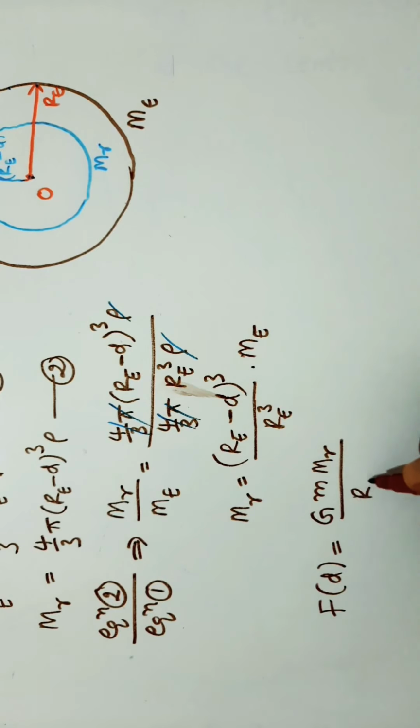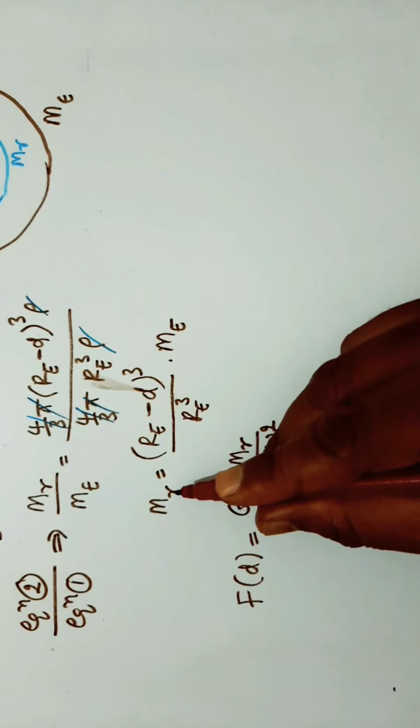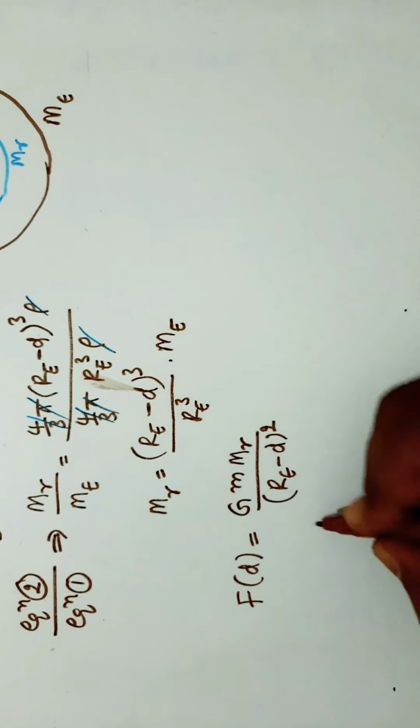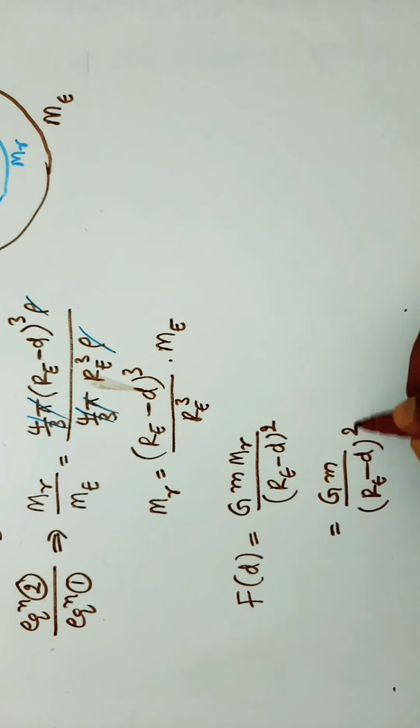R is how much here? RE minus D whole square. So here, but mr is equal to how much? So that is G m mr by (RE minus D) whole square.